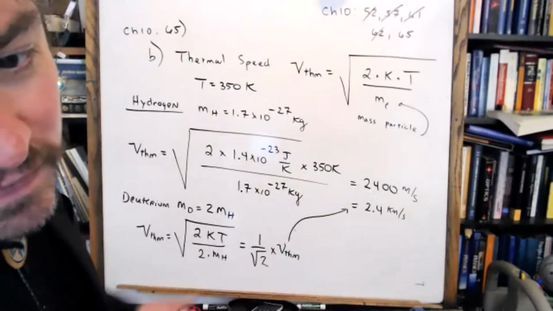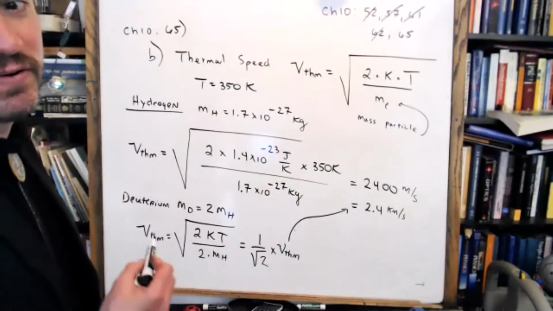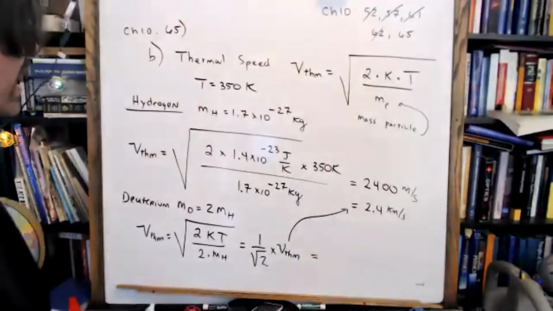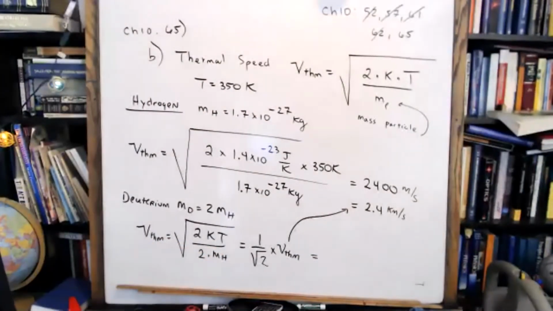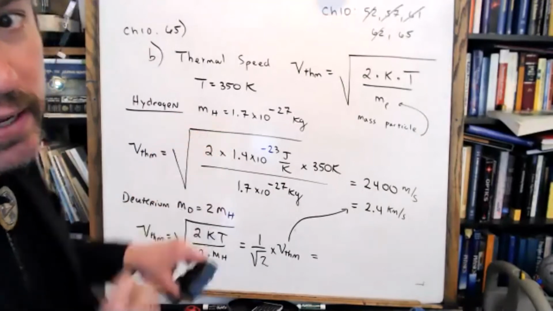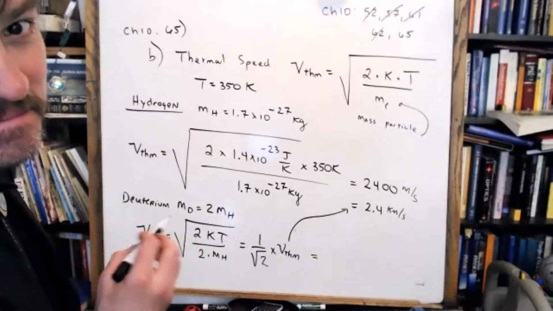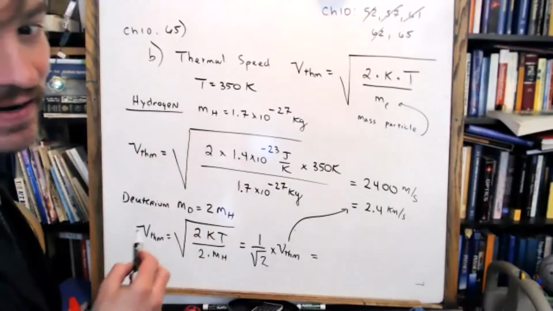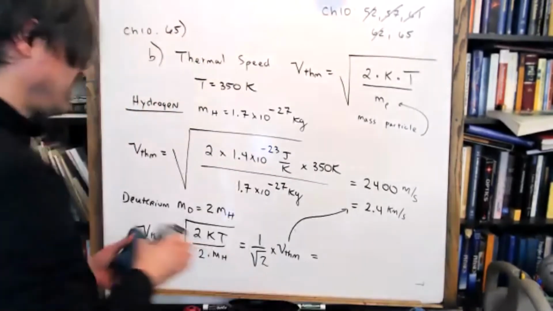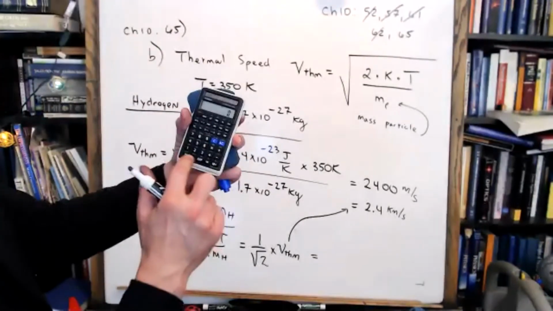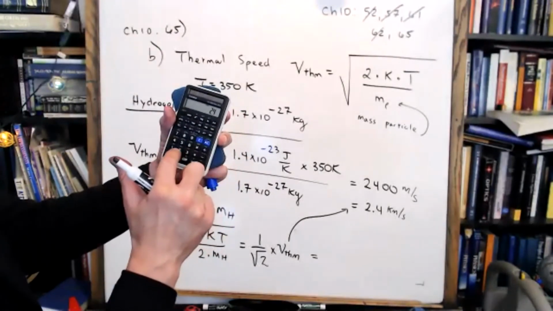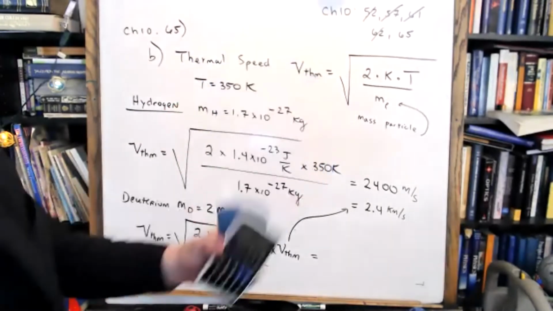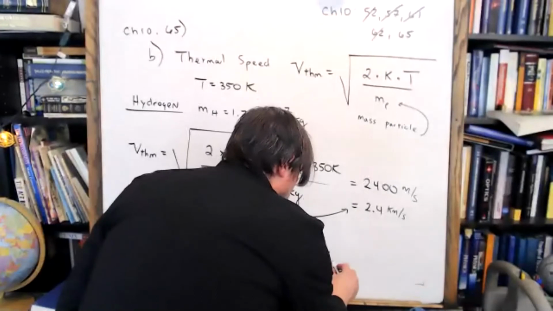So take 2.4, divide it by the square root of 2, and what do you get? I don't always show my students that, but I was feeling generous. Is it 1.2? No, come on. You can't do radical 2, buddy. 2.4 divided by the square root of 2. It's 1.7 kilometers per second.